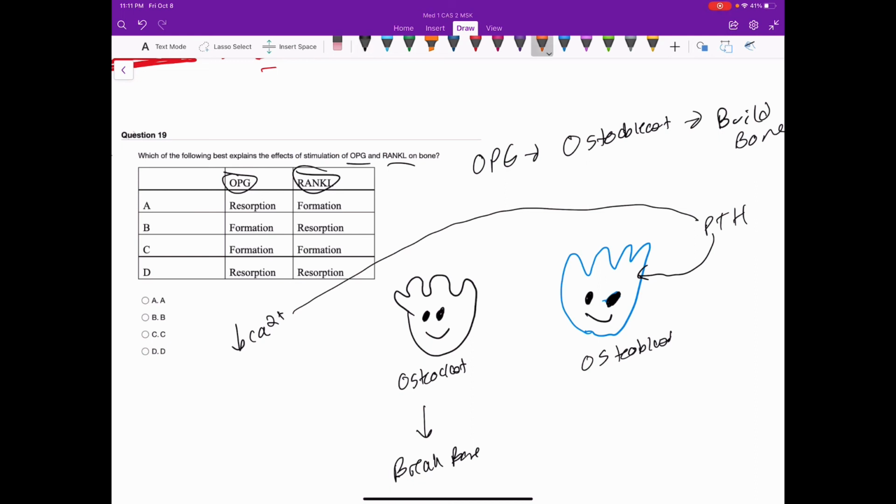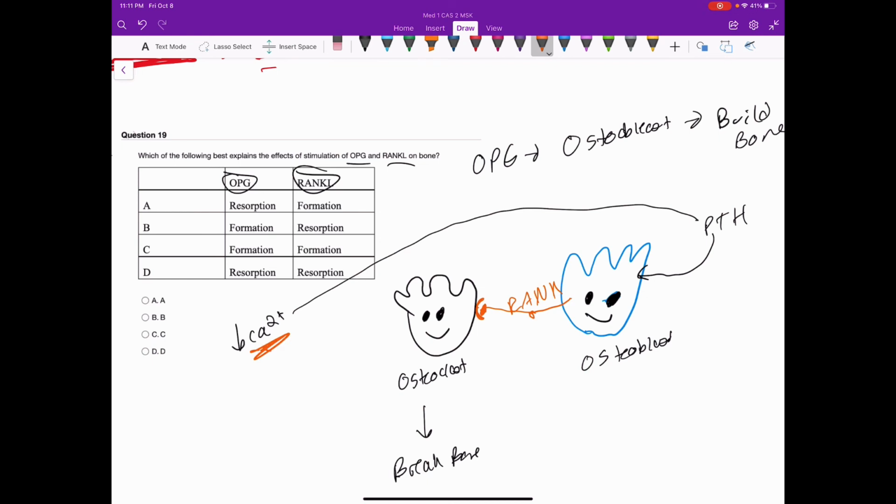You want me to build more bone? There's none. So he releases RANKL, right? And the osteoclast has a little receptor on him for RANK ligand. And RANKL is going to bind to the osteoclast. Why does that activate the osteoclast? I couldn't tell you. I just know this is how it is activated via low calcium levels.